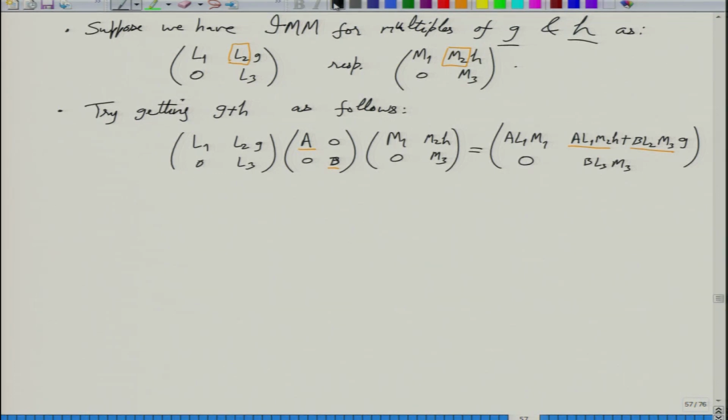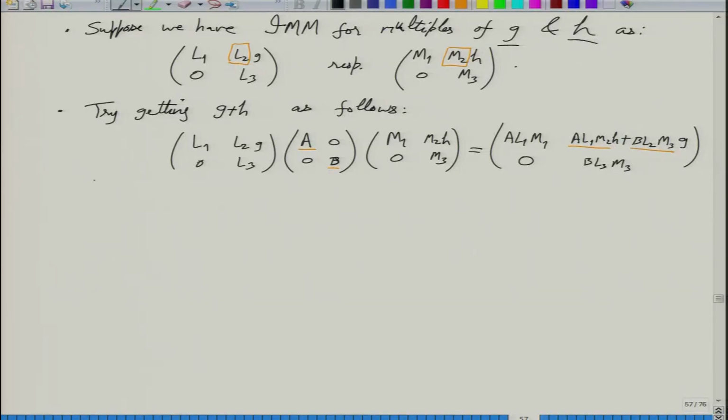This middle matrix will have elements only at the diagonals. Before even proceeding, what was the intuition behind multiplying with a matrix with just diagonal entries? You just have to scale the first matrix by M2 and the second matrix by B; B is scaling L2 G, and simultaneously A is scaling M2 H. And you want things to be as simple as possible, so we actually pick a scalar matrix.